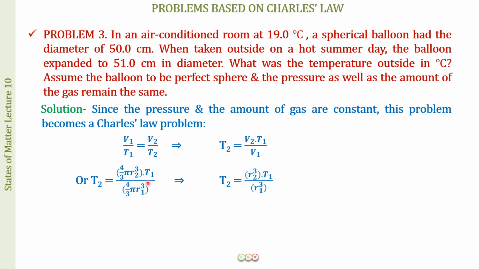Fine. So 4 by 3 pi, 4 by 3 pi is going to cancel out. What we will get is T2 equal to R2 cube into T1 over R1 cube. So just quickly put down the values. The answer is going to be 310.3 Kelvin, or when you convert it into degrees Celsius, it is going to be 36.9 degrees Celsius.